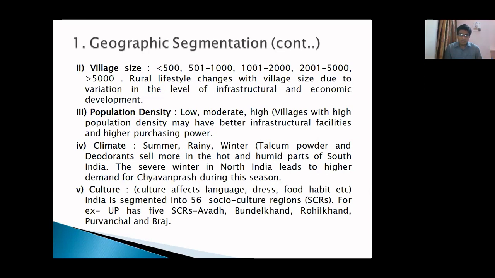For example, if we talk about UP, Uttar Pradesh, a state in India, it has five broad socio-cultural regions like Awadh, Bundelkhand, Rohilkhand, Purvanchal, and Braj. And each of these regions will have its own subculture, which will be different from that of other.